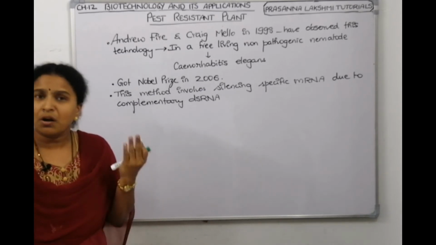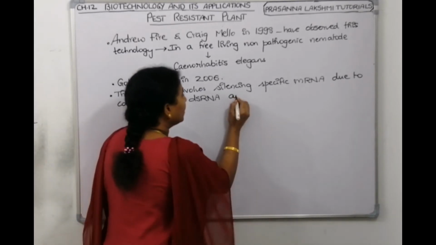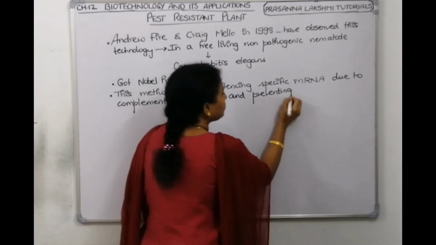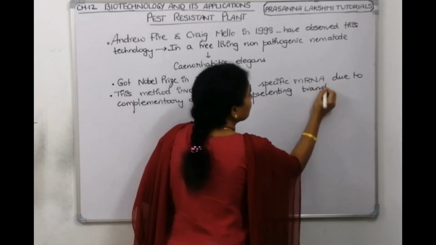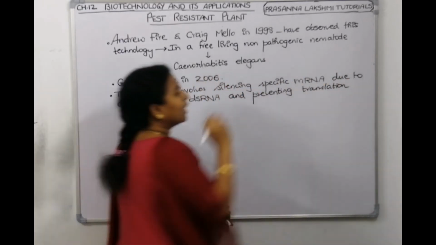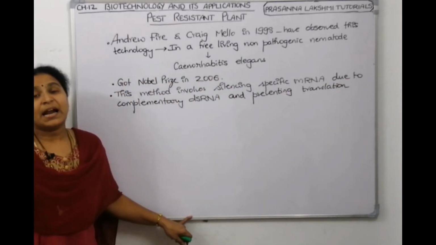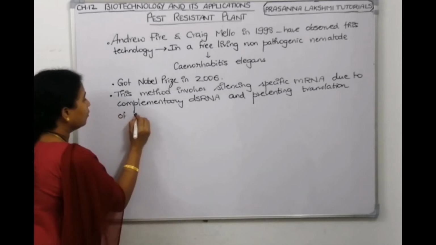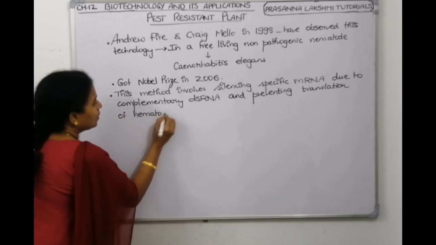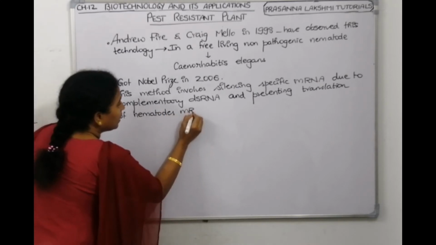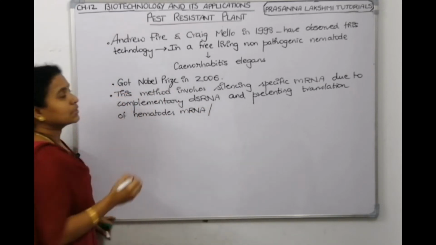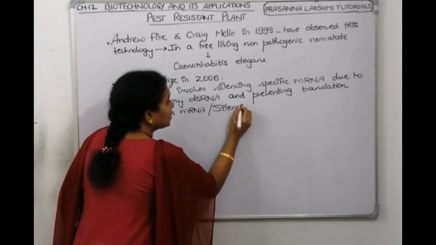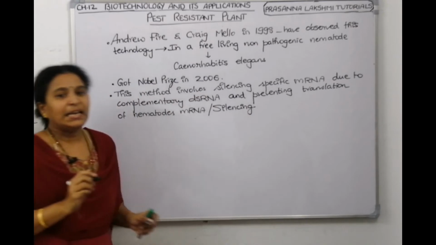Double-stranded RNA cannot bind to the ribosome, so we are preventing protein synthesis. We are preventing translation of the nematode's mRNA. This is what is called silencing.